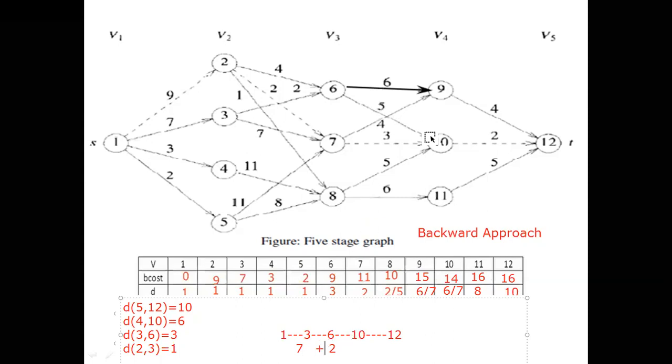What is the path? It is 5. Next one is 10 to 12. What is the path? It is 2. Just add it. 7 plus 2 plus 5 plus 2. It is 16. Obviously, it will be 16 only.